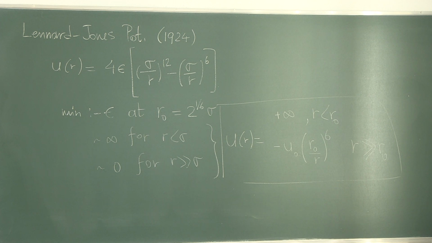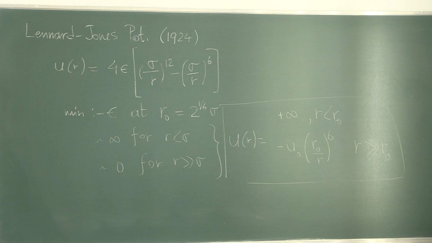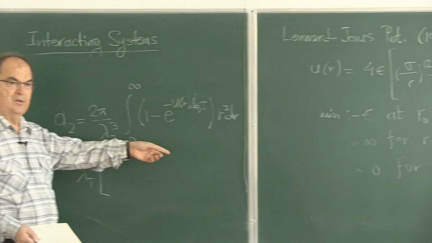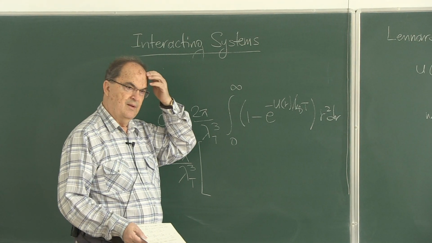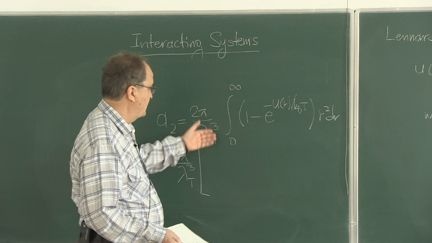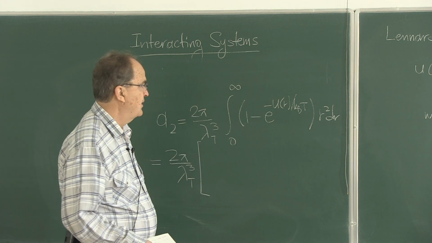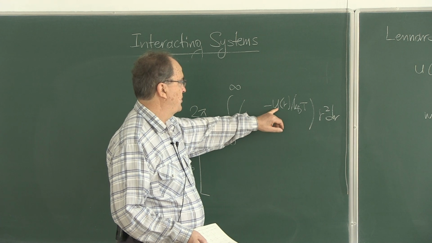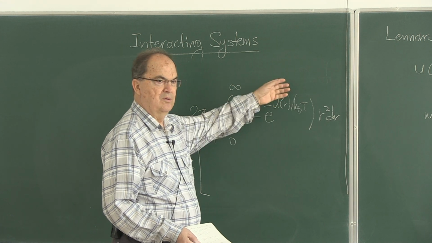So what you are going to calculate is 2 pi lambda t cubed. You can divide this integral into two regions from 0 to r0 and r0 to infinity. Okay, Gesundheit. Divide it into two. In one, when you take it to be plus infinity, this is 0.